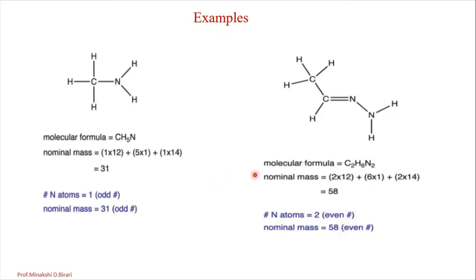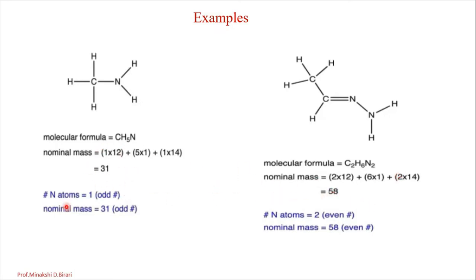So, the effect of nitrogen atoms on the mass of the molecular ion in mass spectrometry is called the nitrogen rule. According to the nitrogen rule, a compound that contains an odd number of nitrogen atoms has an odd molecular ion, and a compound that contains an even number of nitrogen atoms or zero nitrogen atoms has an even molecular ion.